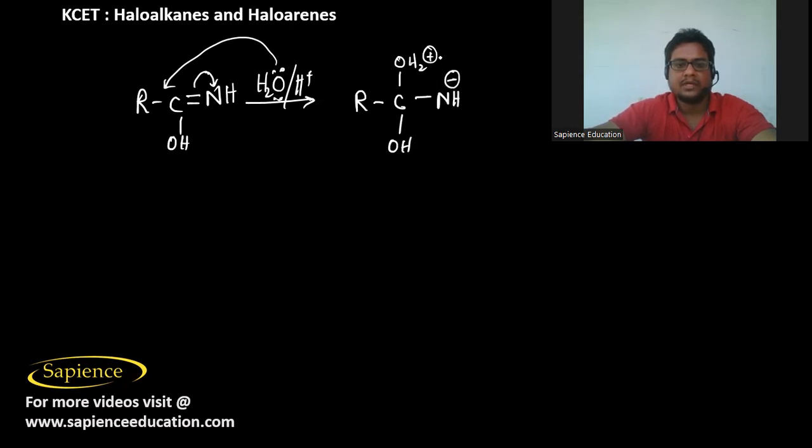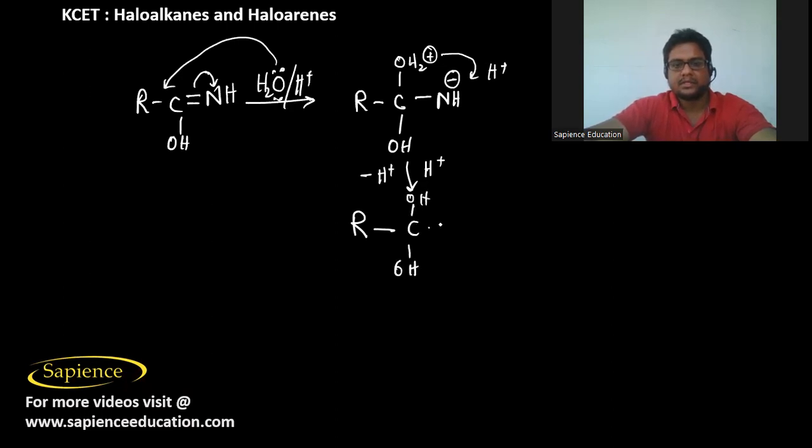From here also one more H plus will come and attack here. So one H plus is removed and one H plus is added. Then it will form RC(OH)OH and NH2.